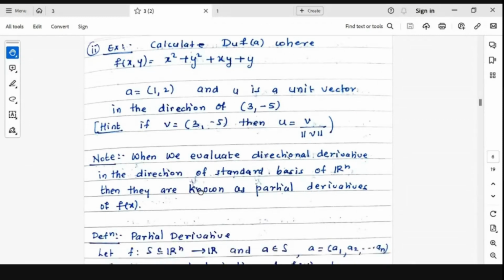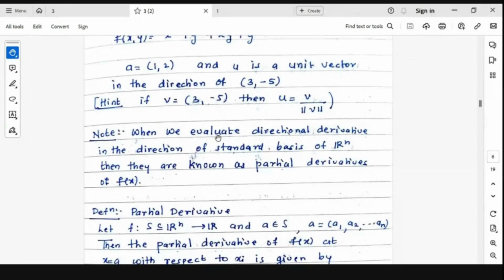Okay. Now, one particular case of a directional derivative is when I talk about the directional derivative in the direction of the standard basis of Rn.